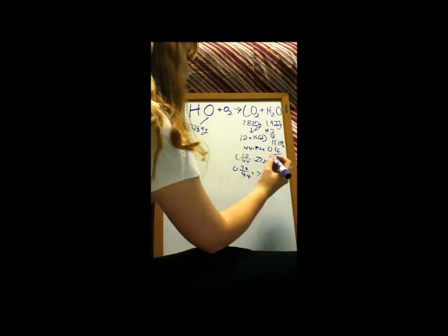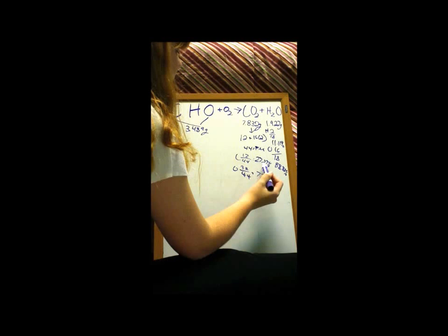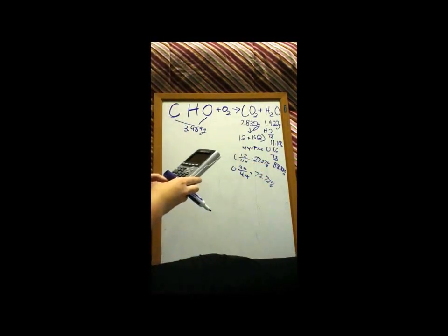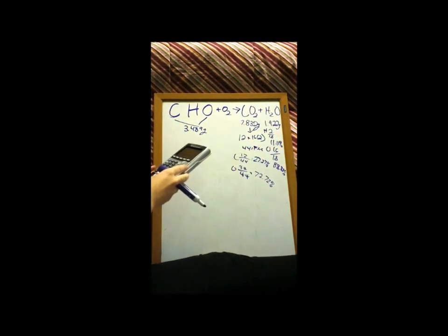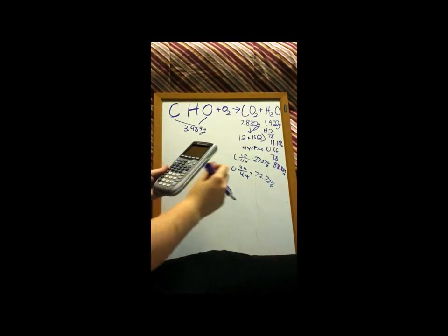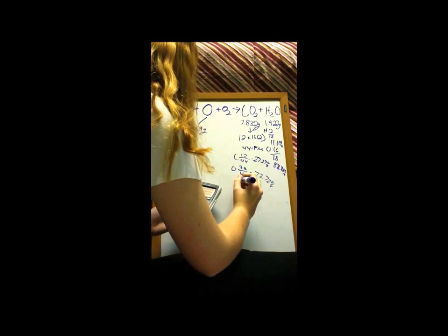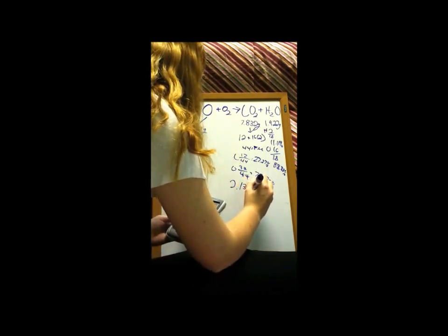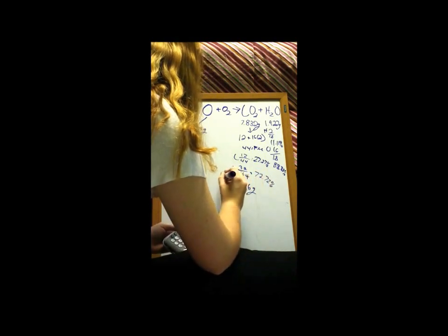And now we want to change all these percents into grams. So what we will do is, again, multiply the percent by the total. So we'll do 7.832 grams of the total CO2 times the percent of carbon, which is 27.27. So that gives us 2.136 grams of carbon.